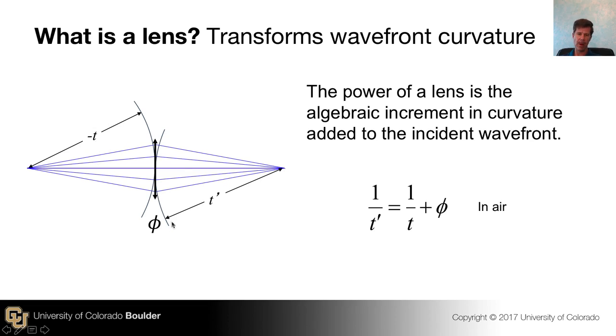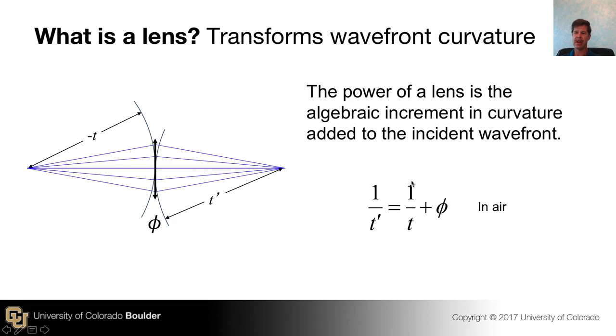It gets transformed into a converging spherical wave with radius of curvature t prime. What this equation tells us, a different way of thinking about the Gaussian thin lens equation, is that the lens simply adds power, in the case of a positive lens, that transforms this radius of curvature, which would be negative in our sign convention, to this radius of curvature, which would be positive.